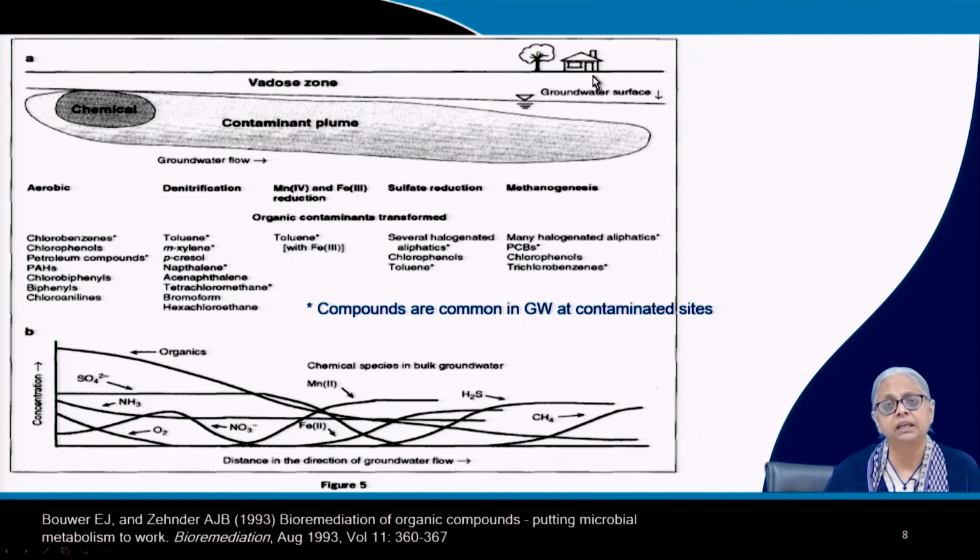Let us say, I always talk about leaking underground storage tanks which contain petroleum products. Next time you go to a petrol pump, just look around where the petrol is being stored. In general, most petrol pumps have underground storage tanks. Over a long period of time, these storage tanks will probably start leaking at some point.